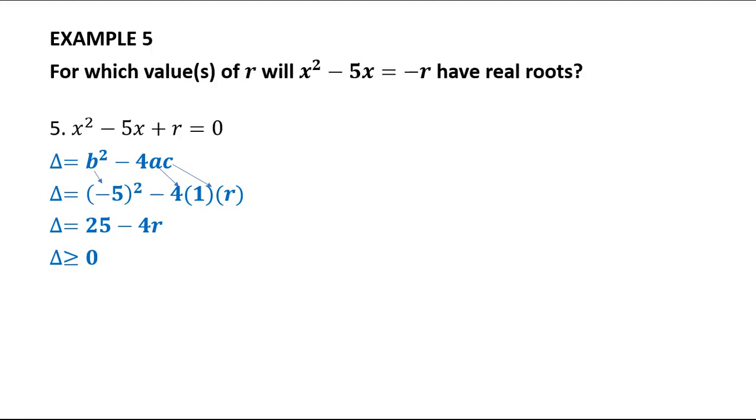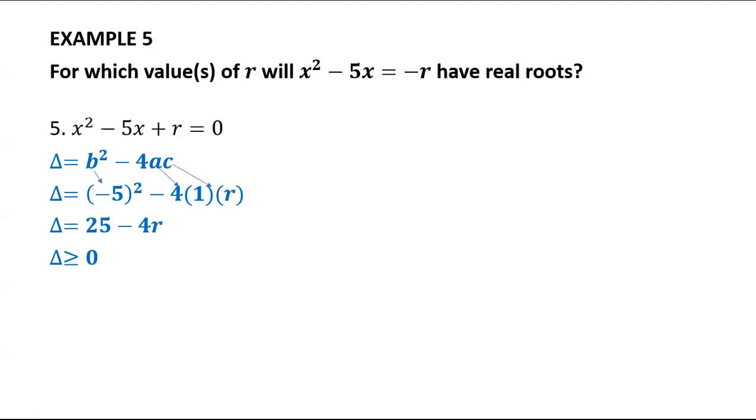If they said rational, we wouldn't have the greater part. We'll just have equal to 0, because if we say it's greater, then it'll be hard for us to determine what a perfect square is. If they said equal, the discriminant equals 0, which is one real solution. But when they say rational and irrational, that is a little bit complex.